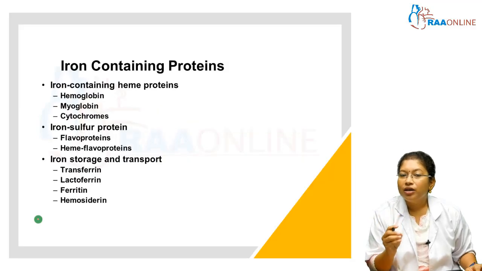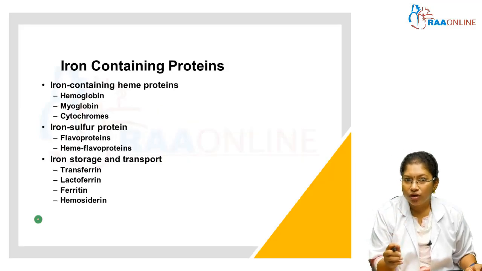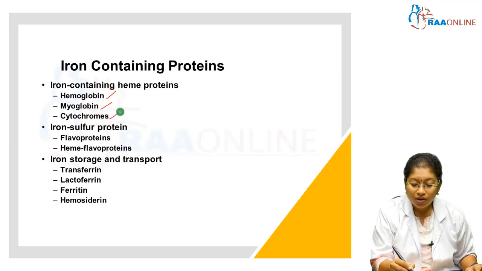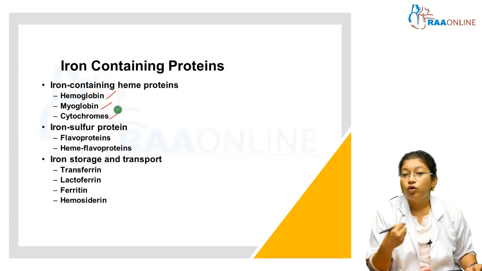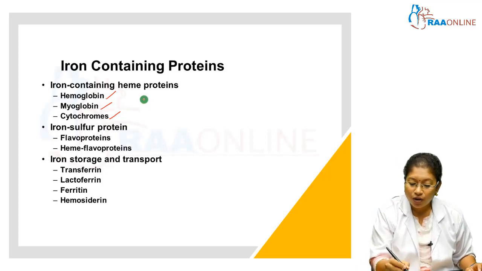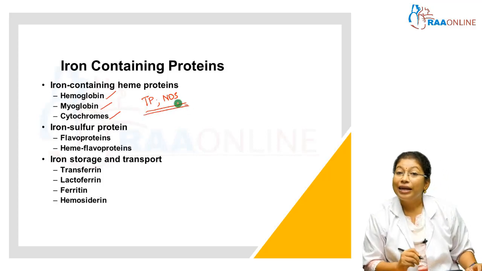When it comes to heme containing proteins, we have hemoglobin, myoglobin, cytochromes, cytochrome oxidase, cytochrome P450, also amino acid metabolizing enzymes like tryptophan pyrrolase and nitric oxide synthase, all containing heme.